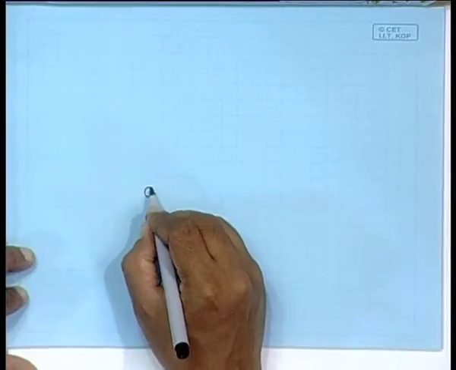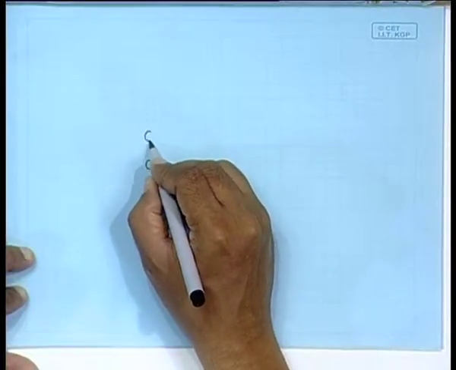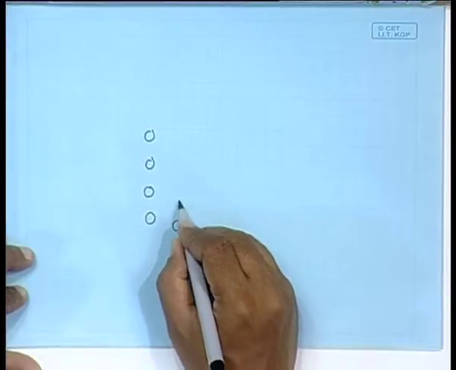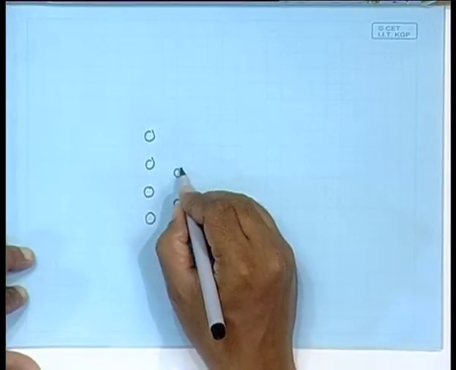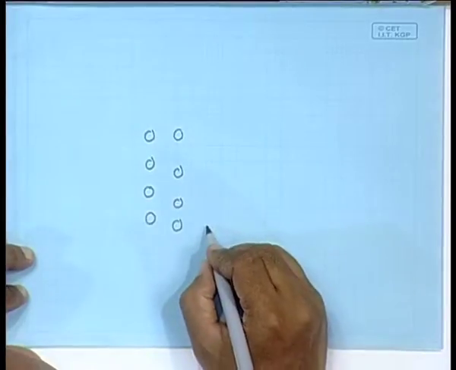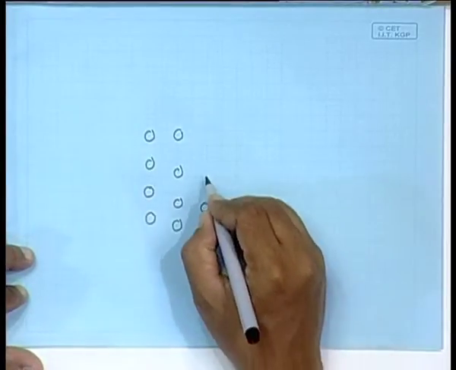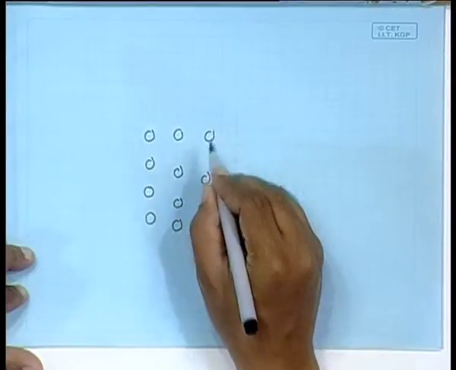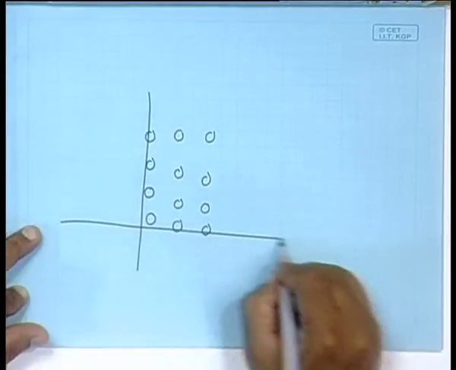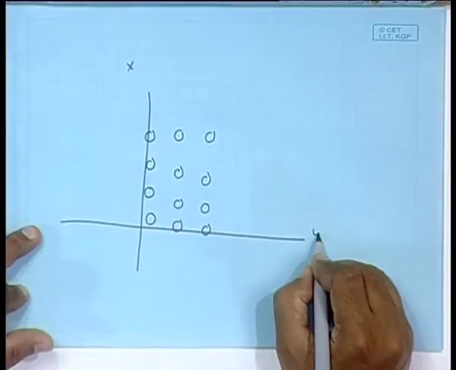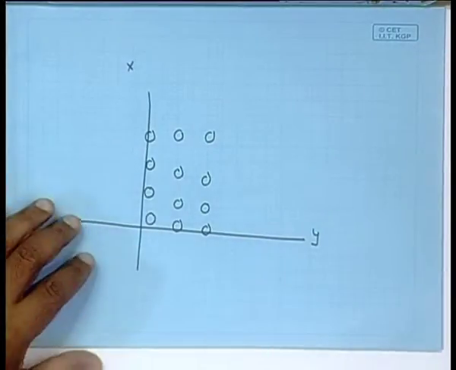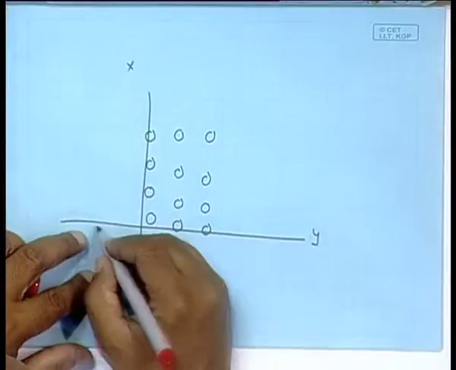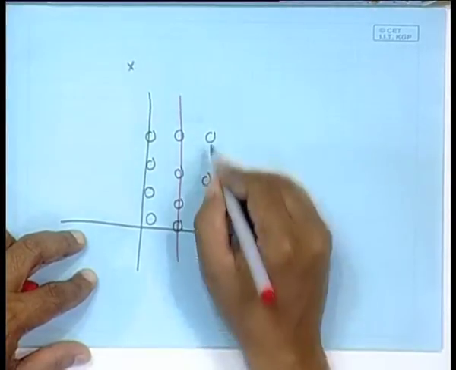I could also consider a situation, let me draw the same lattice, the same crystal. Again I have the x axis over here and the y axis over here, and I could have planes which are vertical now.